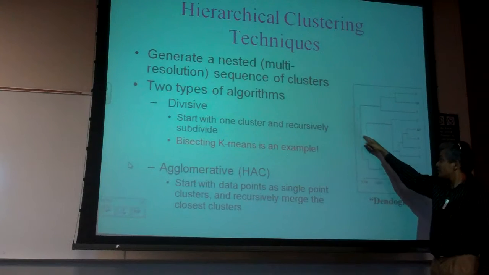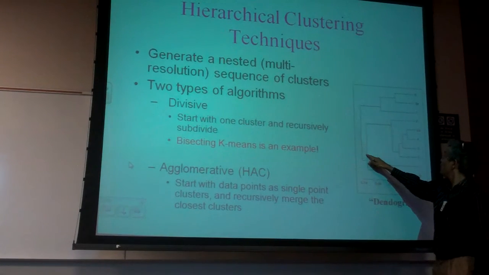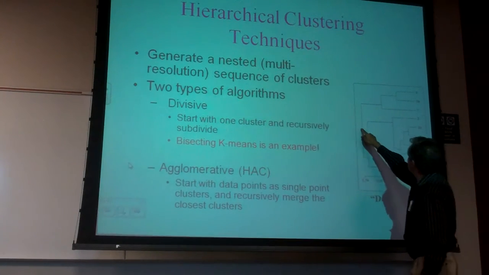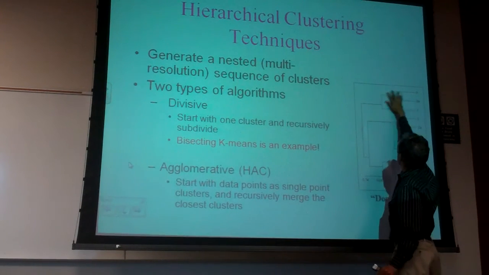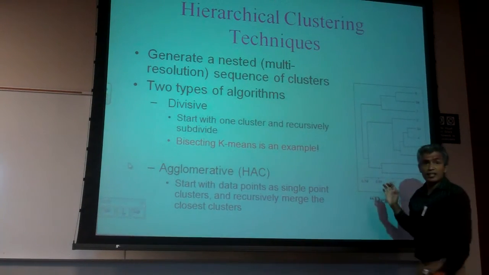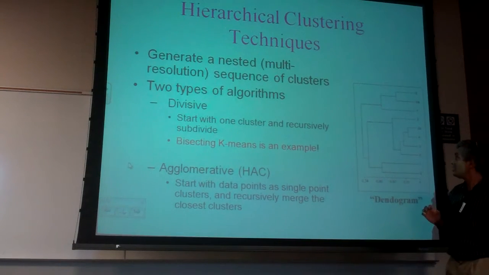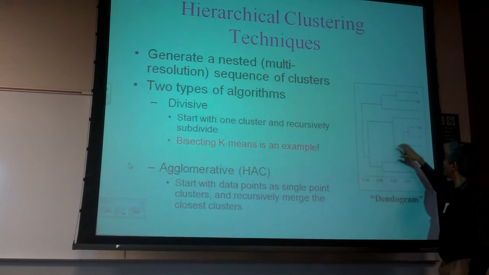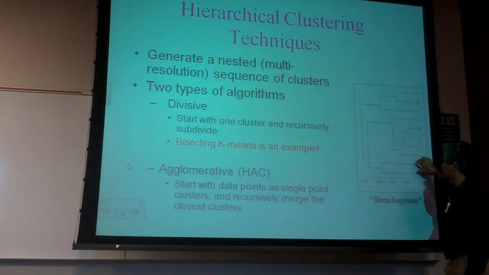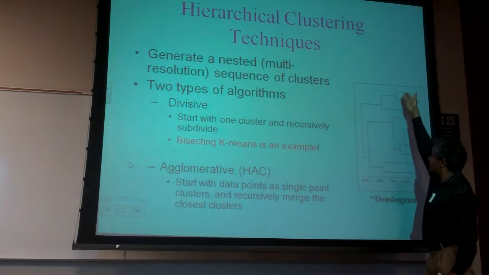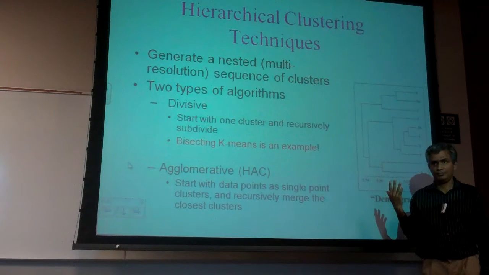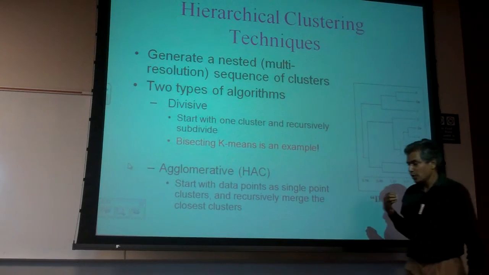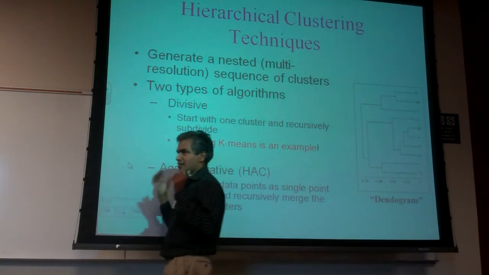If I want two clusters, I go here. I'm sorry, no, this is one cluster. So if I want two clusters, by this time this whole thing is one cluster, and this whole thing is another cluster. If I want three clusters, then this is one cluster, that's one cluster, that's one cluster. So any cut here will give me the number of clusters I want. It sort of removes this question of how many clusters there are supposed to be.